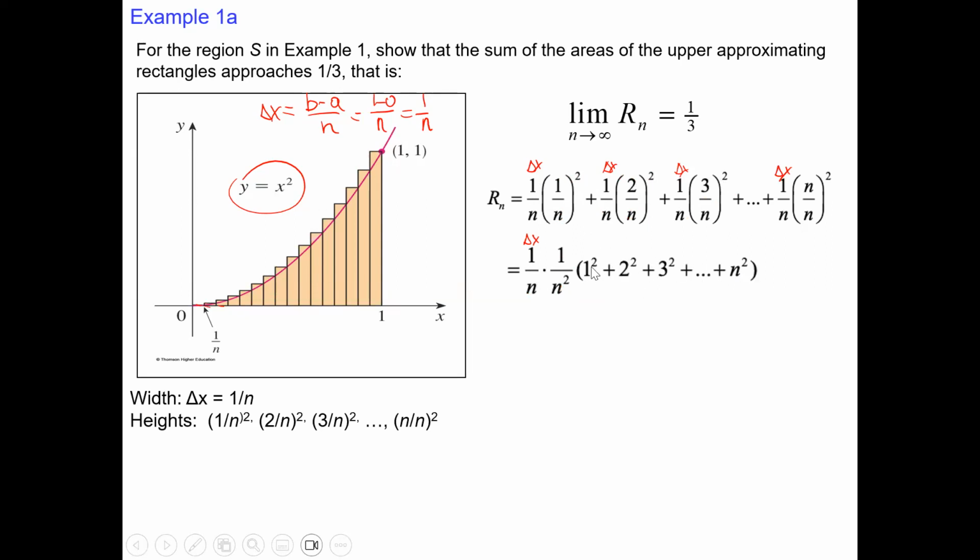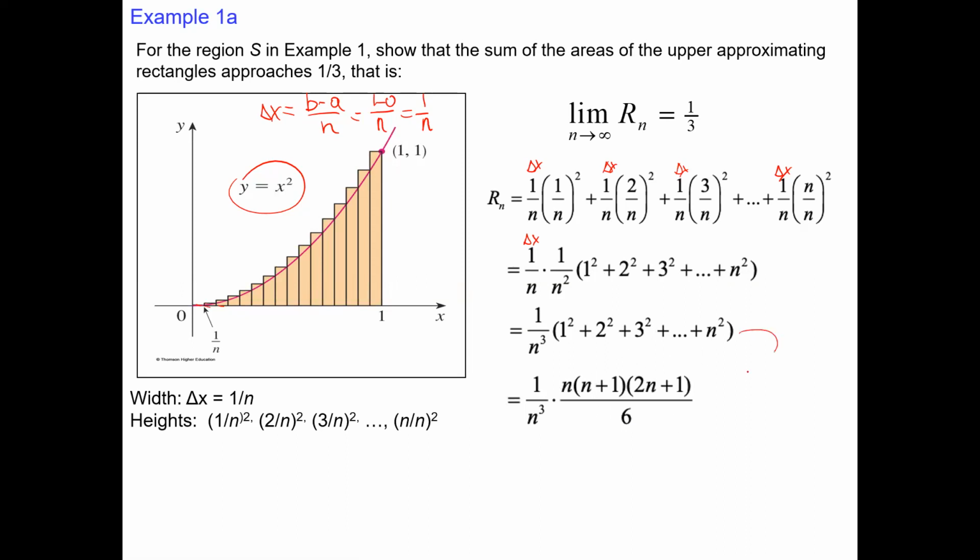And now this is the moment to use the formula, the addition of the squares of the counting numbers. Okay, this is n cubed. That's the formula; we remember it from one slide before. Now this expression looks like this, and we just have to compute a limit: how it behaves as n goes to infinity.